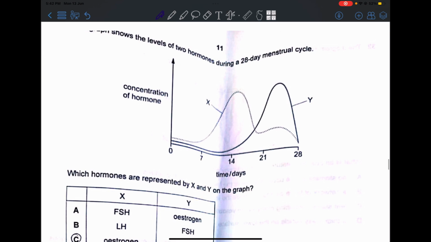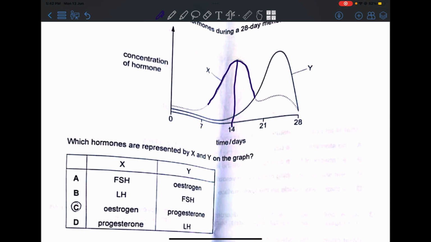29, graph shows the levels of two hormones during a 28-day menstrual cycle. Which hormones are represented by X and Y on the graph? Now we know that X is actually the estrogen because estrogen and LH is going to increase before the ovulation time, and it's clear that the ovulation over here was at around day 14.